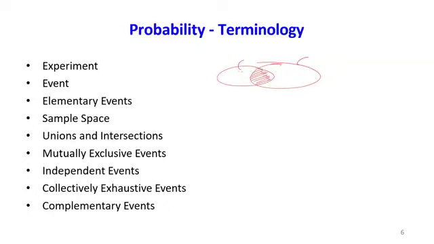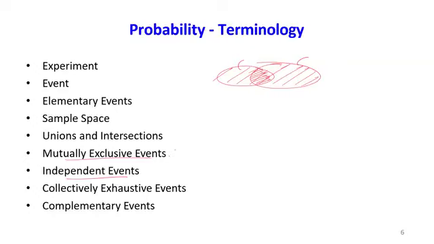Union means all the unique observations or events in both the sets. Then that is known as union. So this entire thing is union. The mutually exclusive events, this we discussed already.